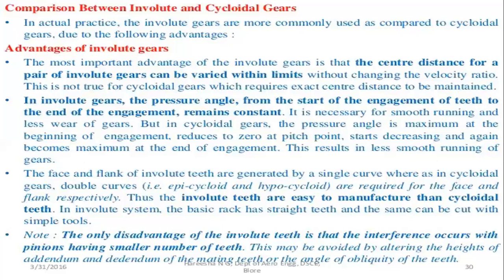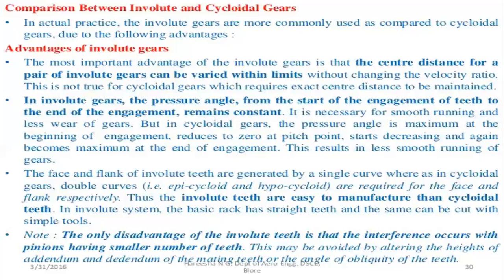In the involute system, the basic rack has straight teeth and the same can be cut with simple tools. So the rack is straight in structure.